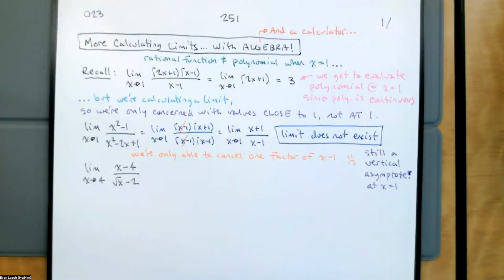We have ways of dealing with this. In fact, we're going to use the same strategy. I'm going to factor and cancel. Notice the numerator is x minus 4, and the denominator is the square root of x minus 2. So this I can factor in a useful fashion. The only reason I'm going to be doing this is that the numerator has an exponent of 1, and the denominator has an exponent of 1/2.